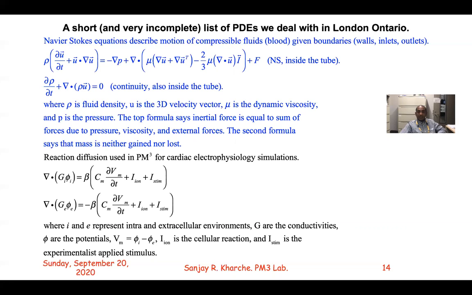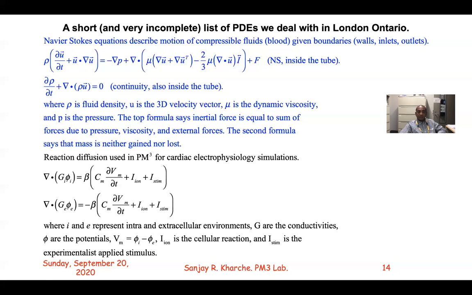How much liquid comes into a piece of the tube must eventually leave that piece of the tube. So the Navier-Stokes equations are the underlying description of our 3D hemodynamic simulations and the risk factors that we will calculate based on these hemodynamic simulations.